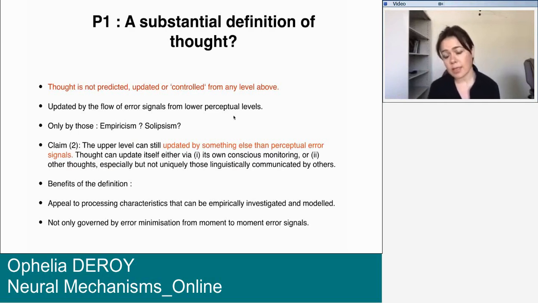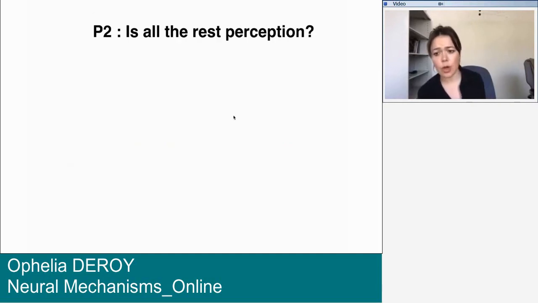But these two levels can be sensitive to other epistemic norms that as philosophers we would have a hard time giving up on, something like consistency, for instance. By reflectivity, you can make sure that you're consistent with your own decisions, and by comparing thoughts with others or within yourself, you can check not only accuracy, but also consistency. So I think that's one benefit of this type of account for predictive coding: not having a strict equivalence between accepting the account and thinking that the only thing that drives the system is the quest for more accuracy regarding the next predictions.